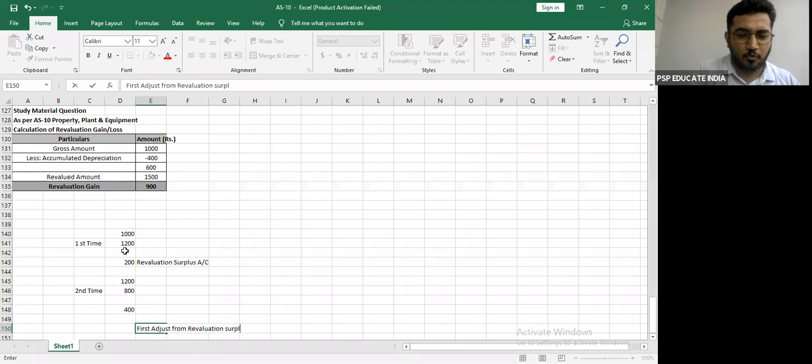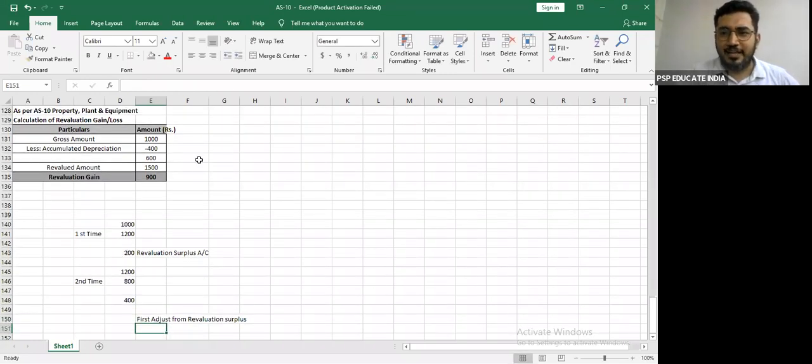revaluation surplus account. Quickly everyone on the chat box, कितना revaluation surplus मेरे पास already पड़ा है, इस केस में already है मेरे पास? Quickly everyone on the chat box. 200.